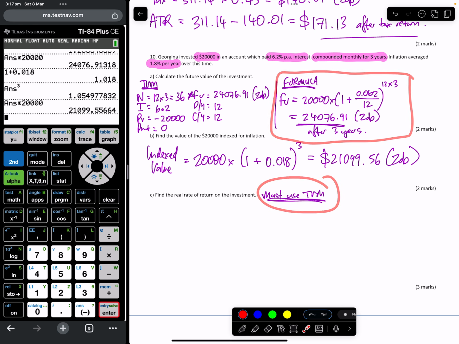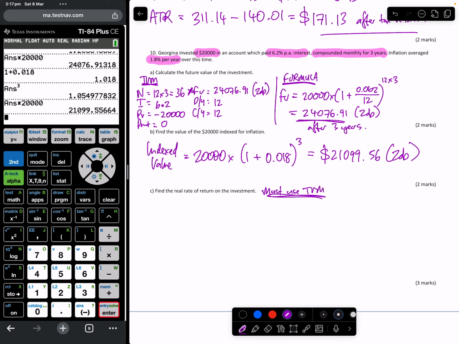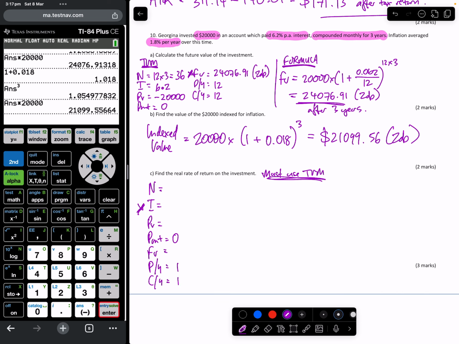So you've got access to TVM doing the test on your device. So find the real annual rate of return on the investment, N, I, we're solving for I, PV, PMT is nothing, FV, PY, CY. PY and CY stay at 1, N is the number of years of inflation, which was 3.